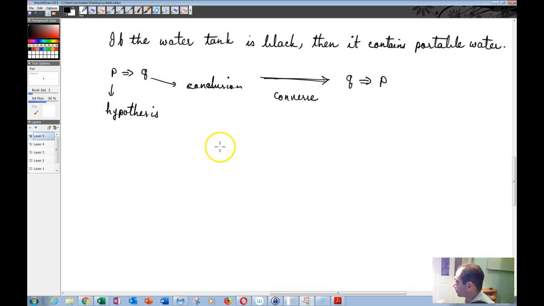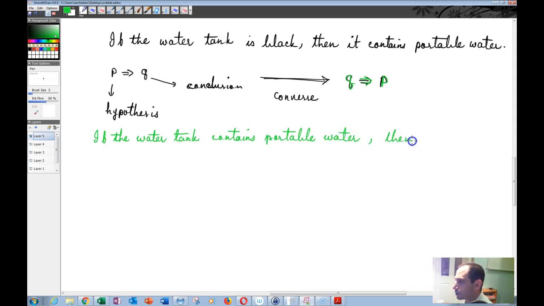In language form, this statement would be: if the water tank contains portable water, then it must be black.